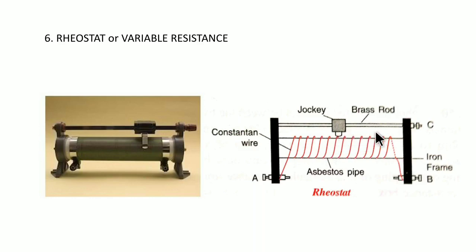Suppose this point is over here, then the current will flow through all this segment of wire, and it will pass through point C.